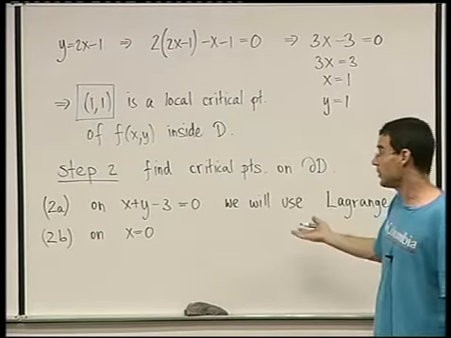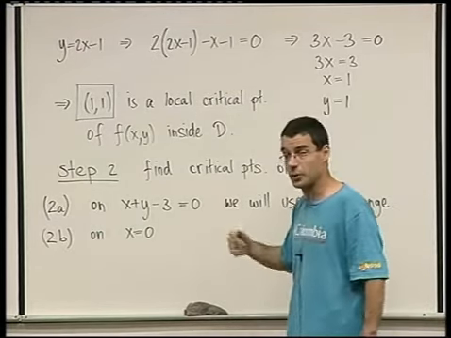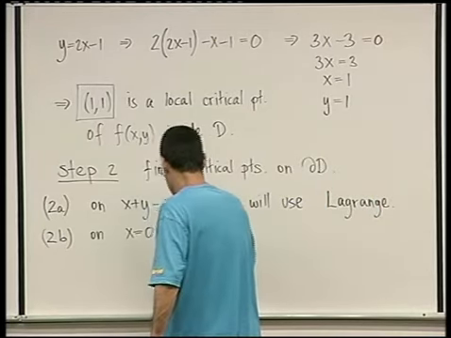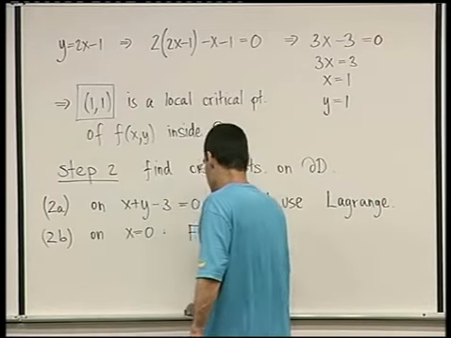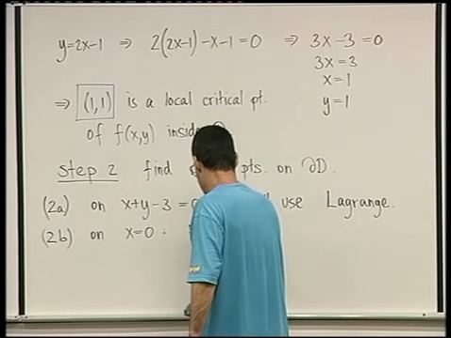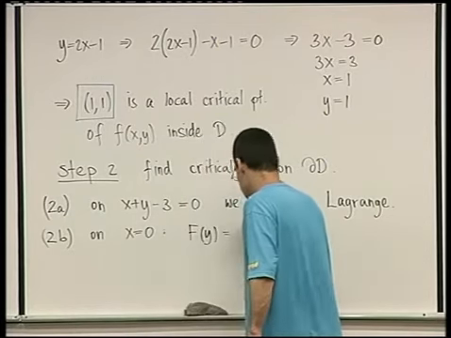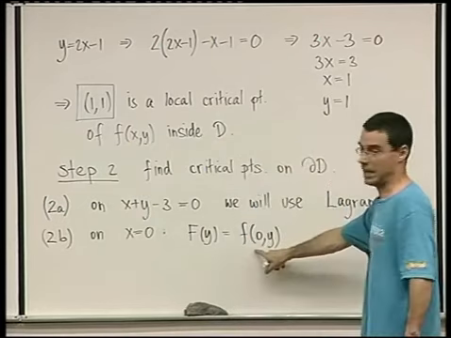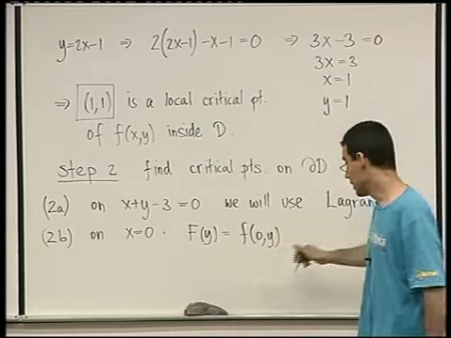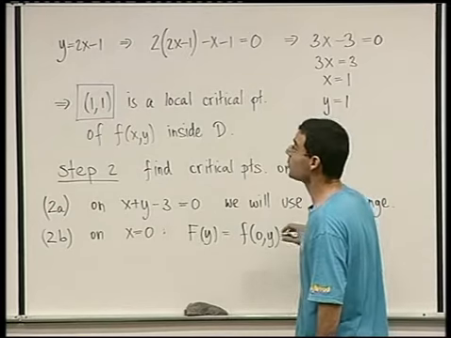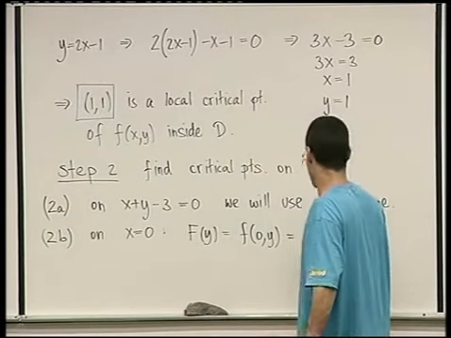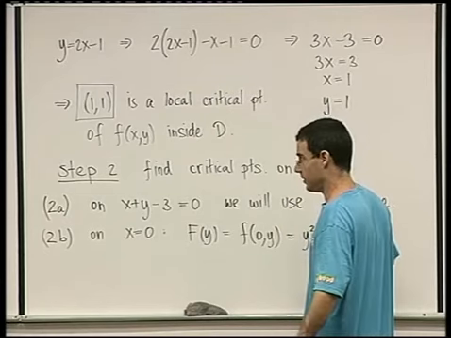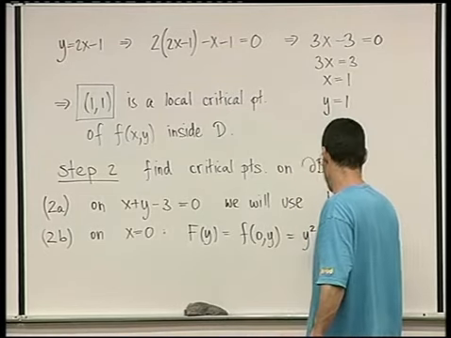Because what does it mean x equals 0? We're looking at f(x,y) where x is 0. So let's define f of y to be little f of points of the form (0, y), because x is 0, right? So what do we get? The function was x squared, that's 0, plus y squared, minus xy, but x is 0, minus x, but x is 0, minus y.